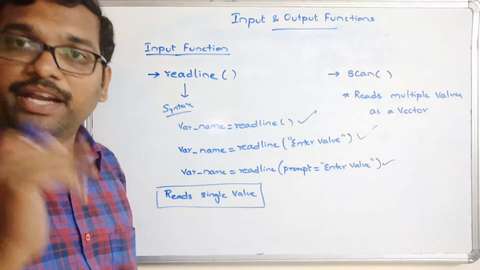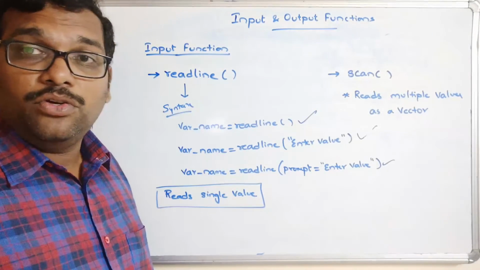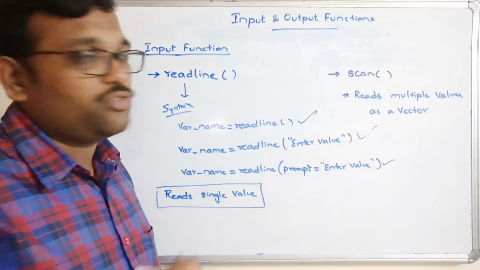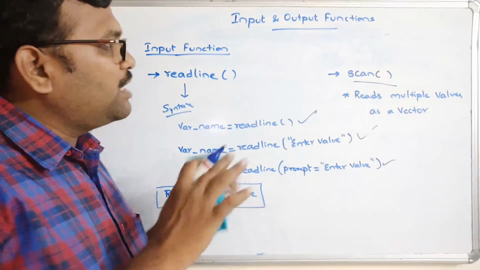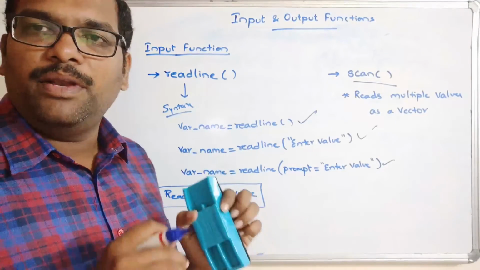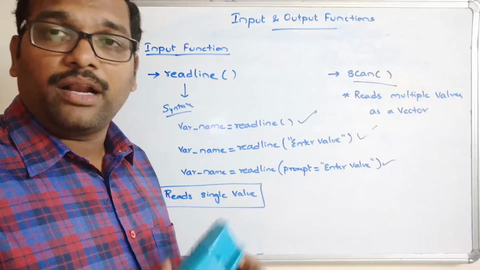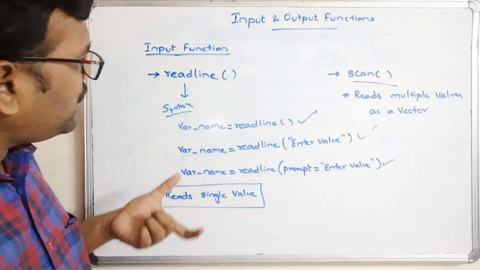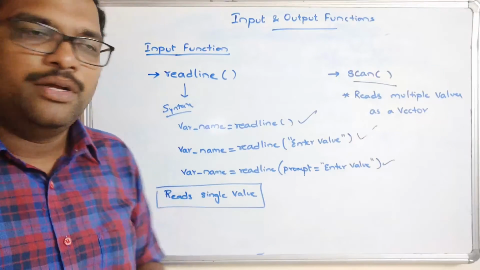That is the only difference between readline and scan. Scan doesn't take any parameters, we just have to use the scan function, right? So these are the input functions available in R. In order to read the input from the keyboard during runtime, the user has to use either the readline function or the scan function, right?